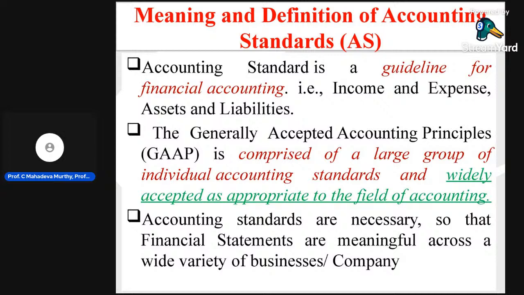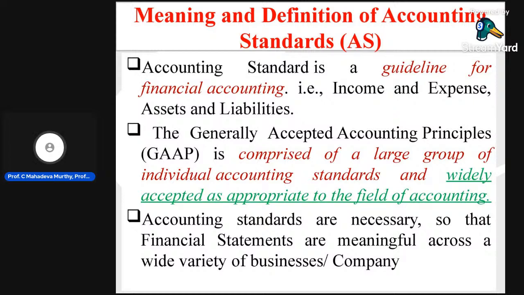Next, GAAP. Generally accepted accounting principles is comprised of a large group of individual accounting standards and widely accepted as appropriate to the field of accounting. Why?